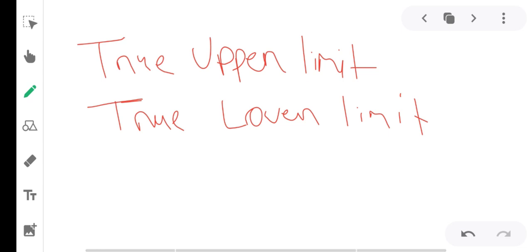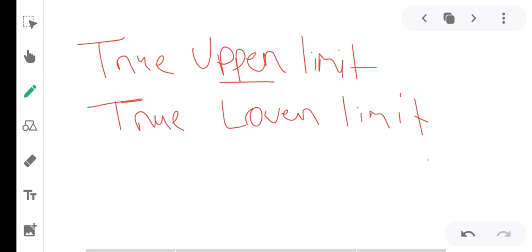Remember, for exclusive form, true upper limit and true lower limit will be the same. That means the upper limit is the true upper limit, and the true lower limit is the lower limit.